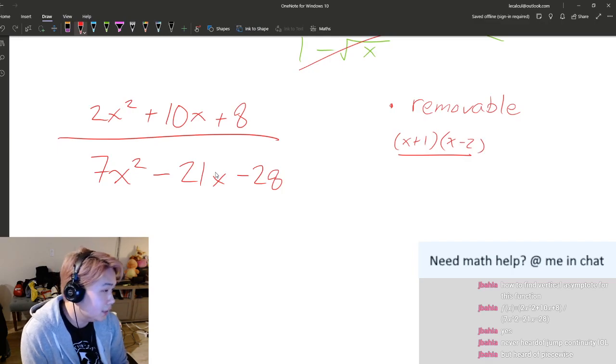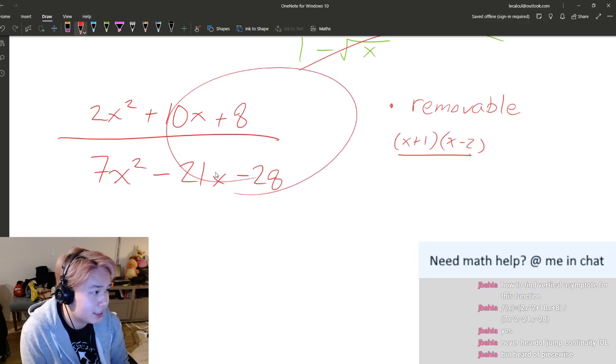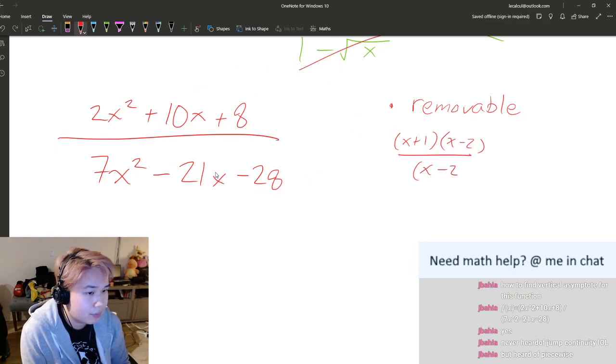So it's already going to come factored, but it probably won't, like in your question right here. But let's say that this is your function, right? Now technically, you have a division by 0 when x is equal to 2.